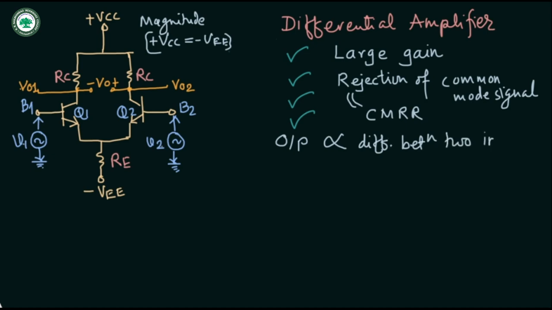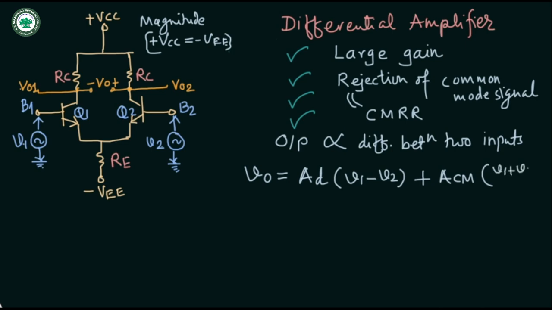If we write the equation for the output voltage, VO is equal to the differential gain AD into (V1 minus V2), plus ACM, that is the common mode gain, into the average of the two input voltages, (V1 plus V2) upon 2.